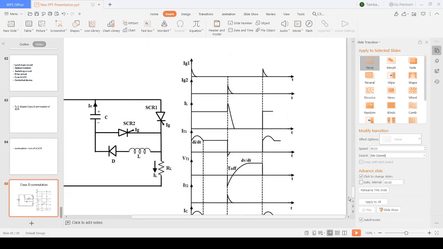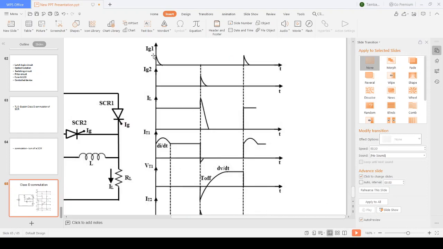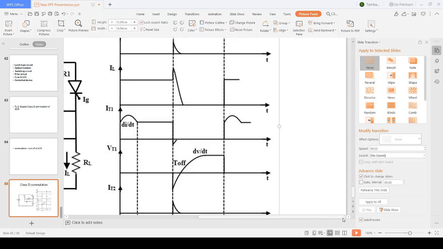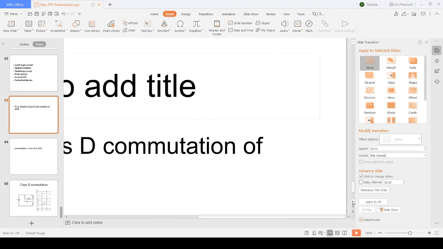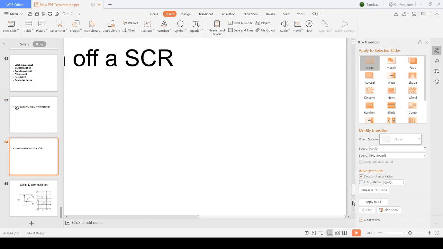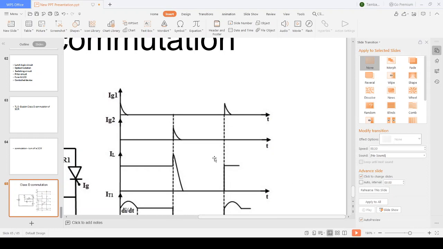Now initially, as you can observe, at this instant, at this point, gate pulse is applied.